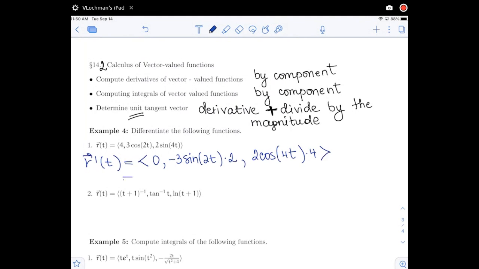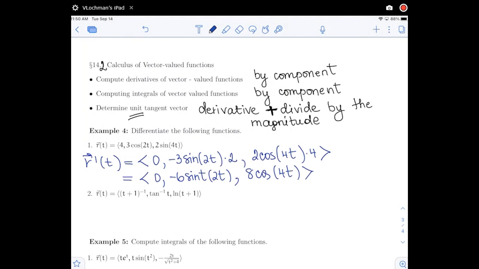So our derivative is 0 for the first component, negative 6 sine 2t, second component, positive 8 cosine 4t. That's our last component. So derivatives of constants, derivatives of trig functions, and chain rules. That's what we've applied from calculus 1 here.